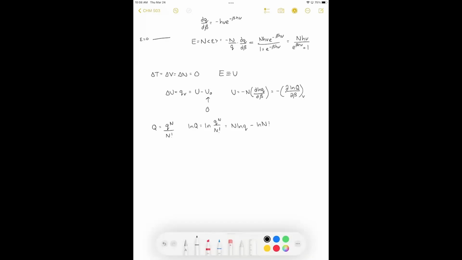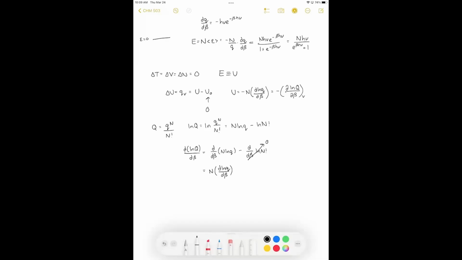If we take this derivative with respect to beta, we get the derivative with respect to beta of n natural log of q minus the derivative with respect to beta of natural log of n factorial. N factorial is a constant, so this term is not beta dependent and it's 0. And the remaining term is simply n times the derivative of the natural log of q with respect to beta. So we can go ahead and substitute that in for the following equality above.